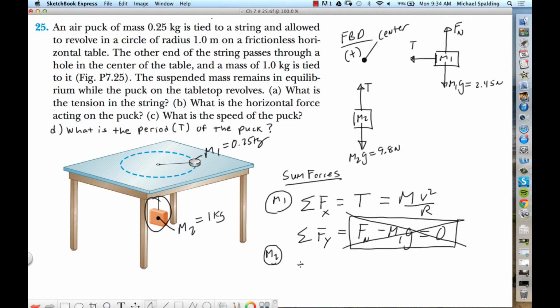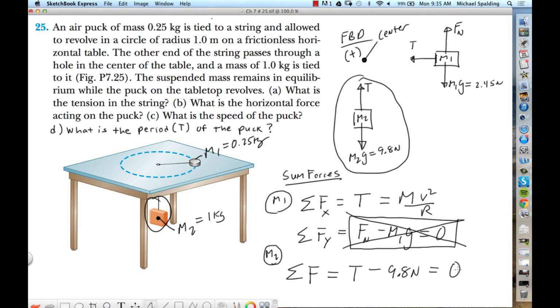Okay, so for M2, let's sum forces now. What are the forces? Looking at M2 right here, we have tension up and 9.8 newtons down, equals what? 0. It's just hanging there, not accelerating. So what must the tension be?